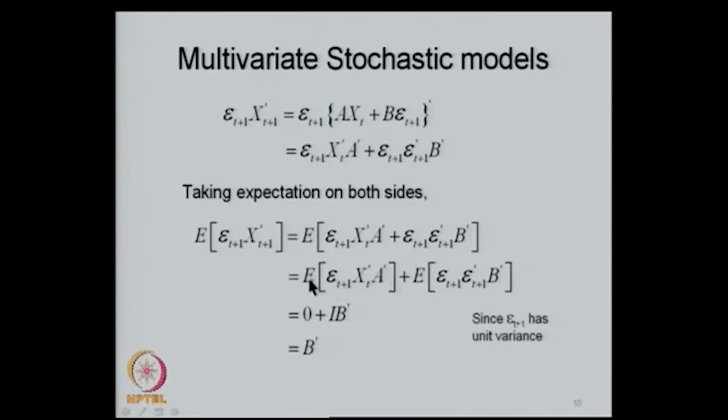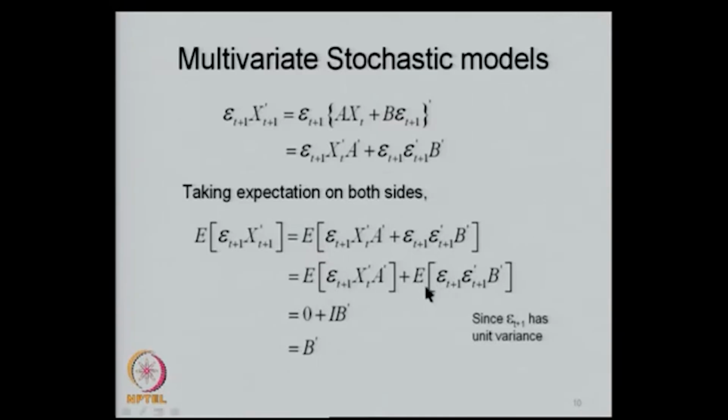So, I will take the expected value of epsilon t plus 1 and x dash t, which is essentially the expected value of epsilon t plus 1 with respect to x t, and because epsilon t plus 1 and x t are independent, the expected value will become 0, because the expected value of epsilon t plus 1 is 0, much the same way as we did for determining m 1. So, this term becomes 0.